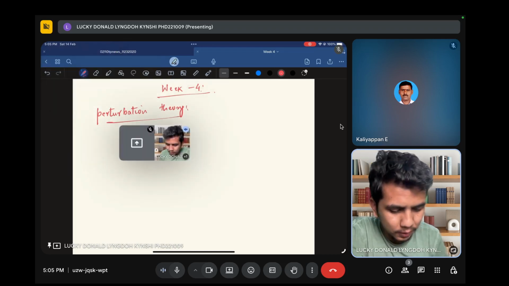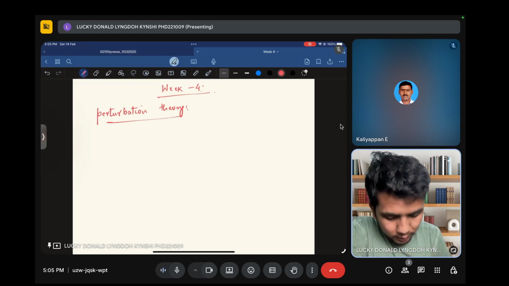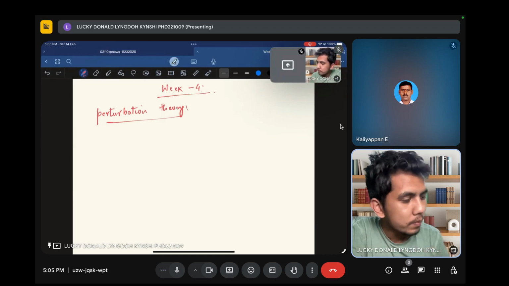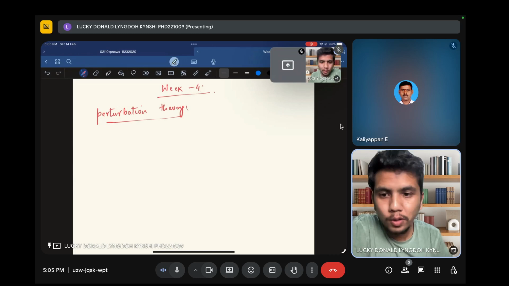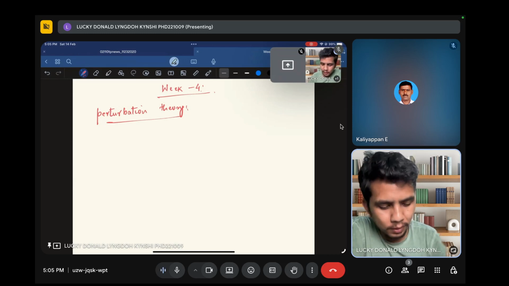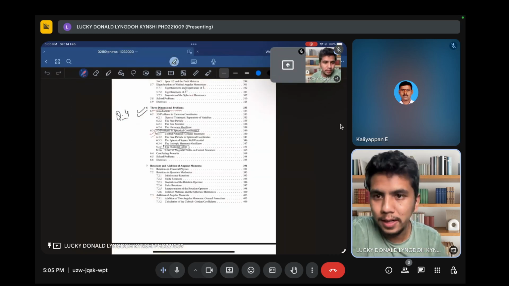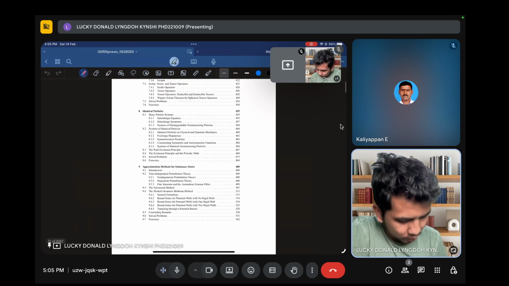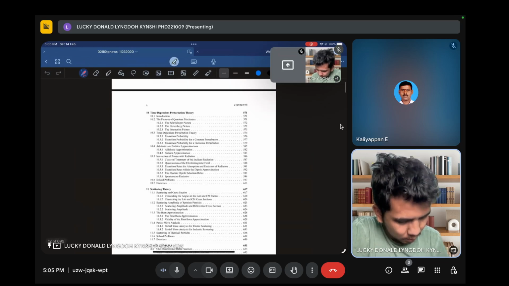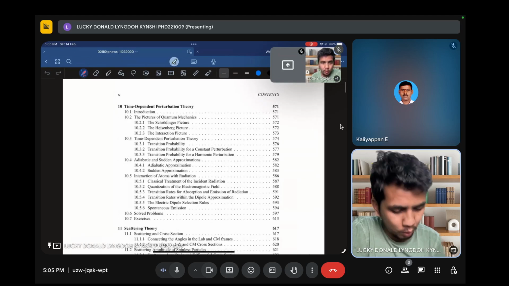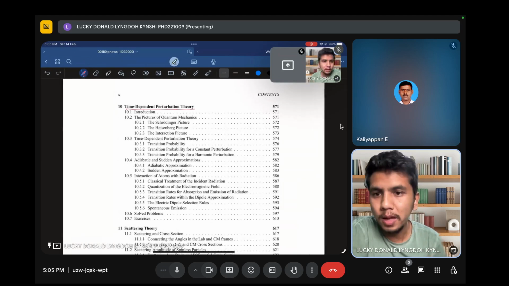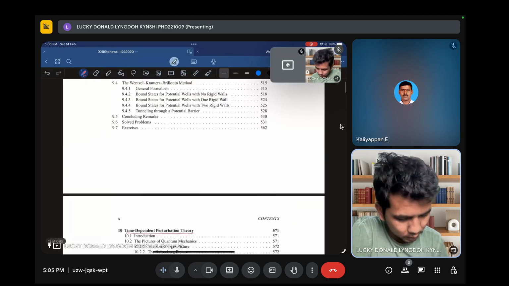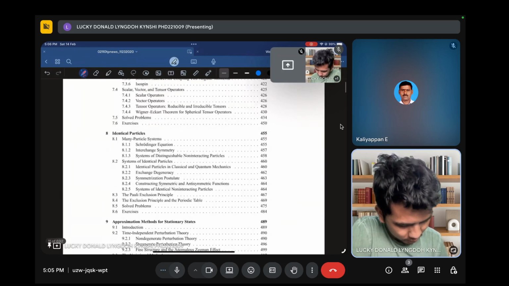Whatever terms I'm writing here, I have taken from the textbook Introduction to Quantum Mechanics by Griffiths.